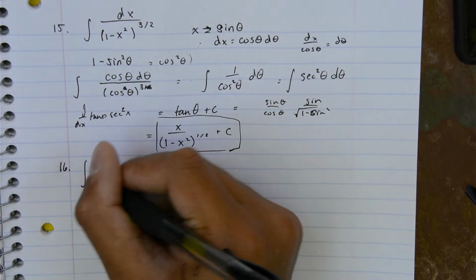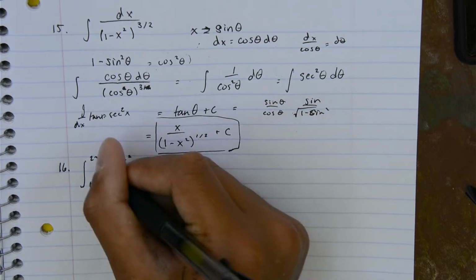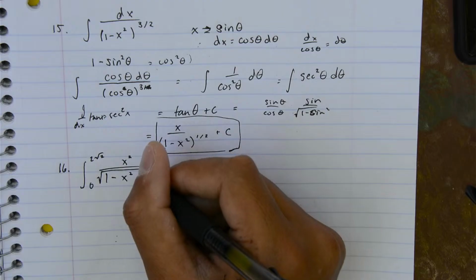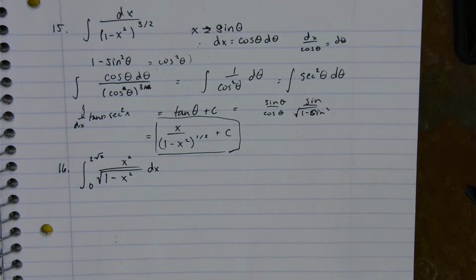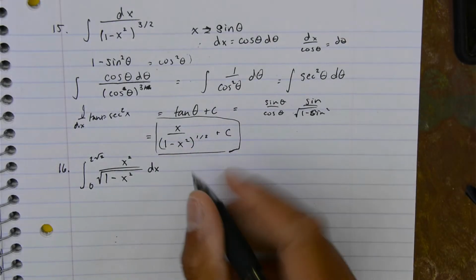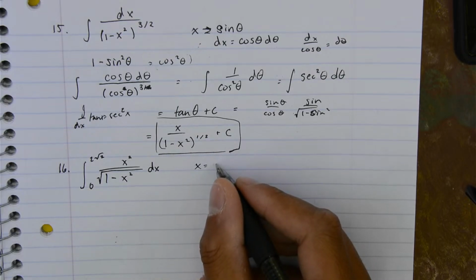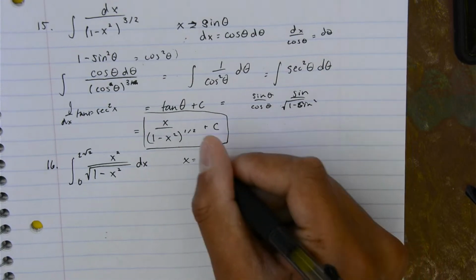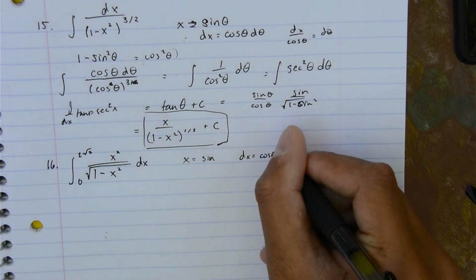It's the integral from 0 to 2 root 2 of x squared over the square root of 1 minus x squared dx. If you trig sub in here, you get x equal to sine theta again, then dx is equal to cos theta d theta.